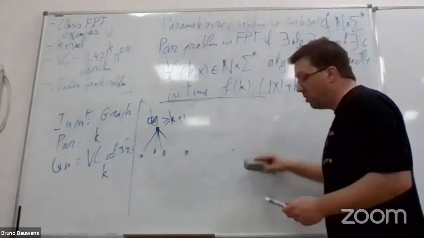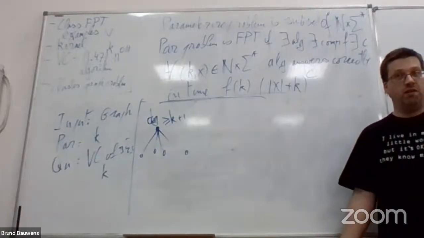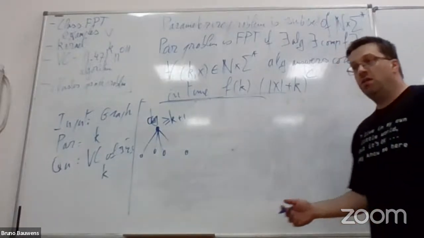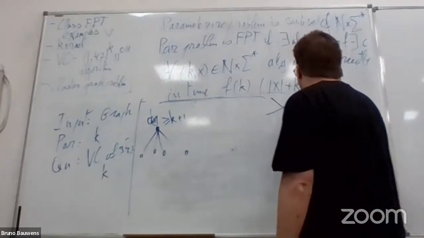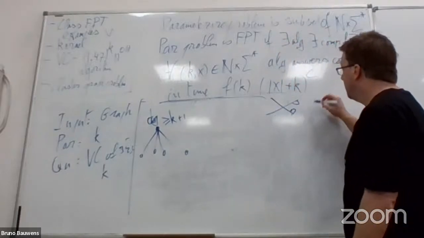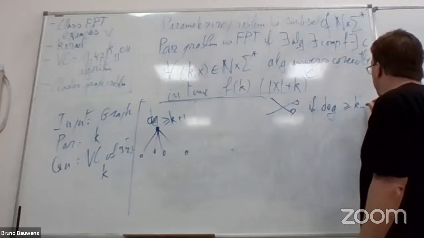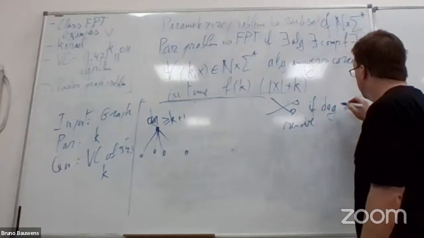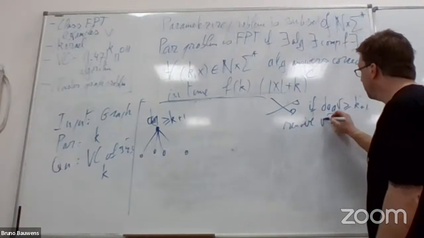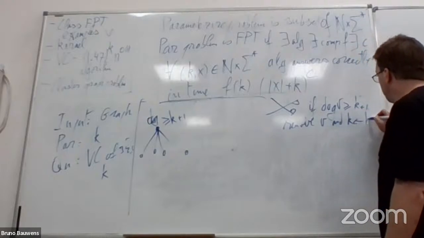And so we can have more reduction rules. For example, if we have an isolated node, what can we do? Just remove the node. So here are the reduction rules. If the degree of v is more than k, remove v, and k goes to k minus 1.